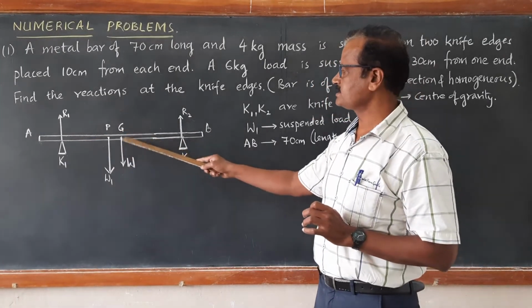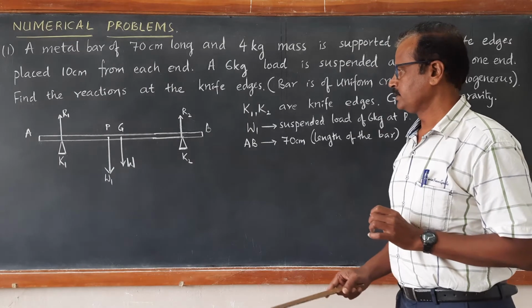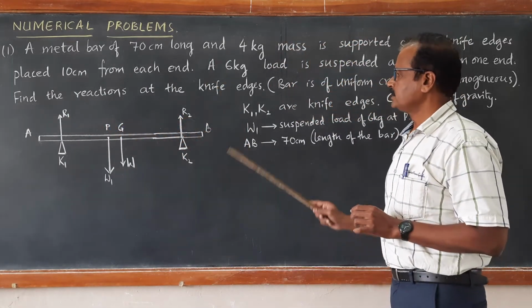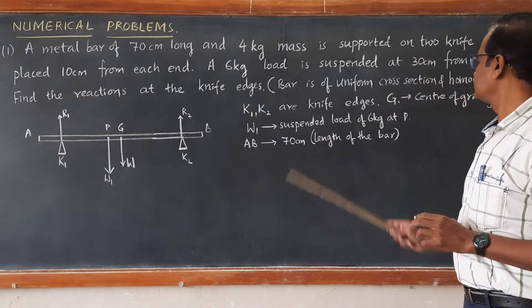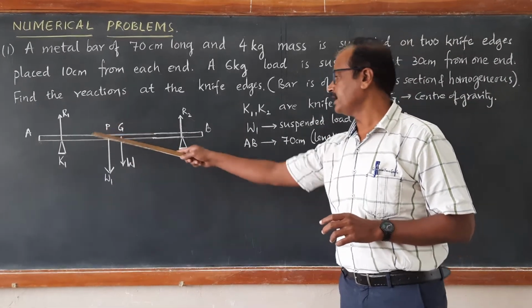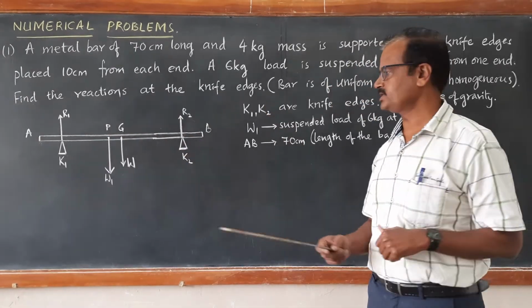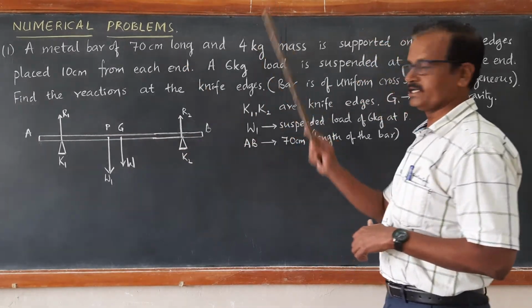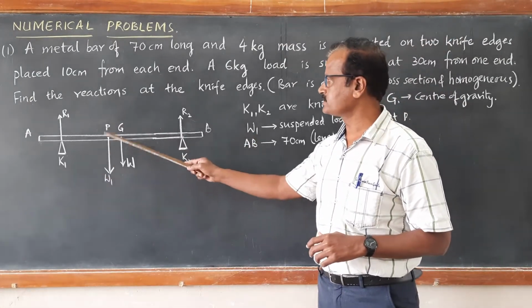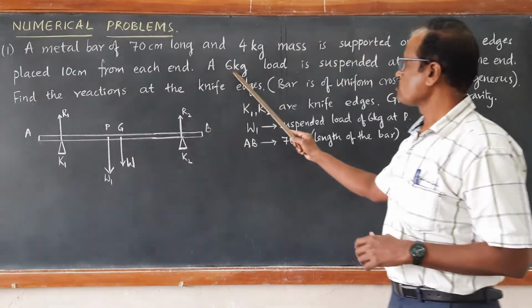So G represents the center of gravity. You are asked to calculate what is R1 and R2. Here K1 and K2 are the knife edges. G is the center of gravity of the bar's mass, that is 4 kg. And then W1 is the additional load that is suspended, the 6 kg load.